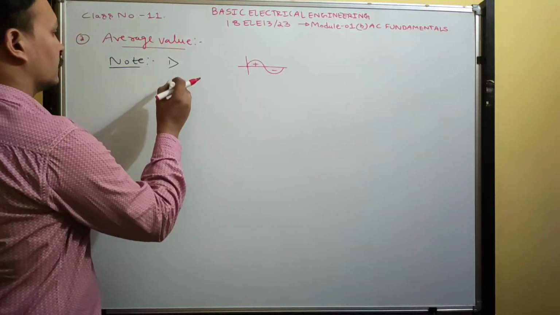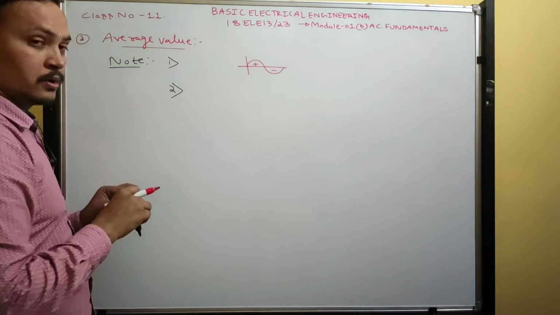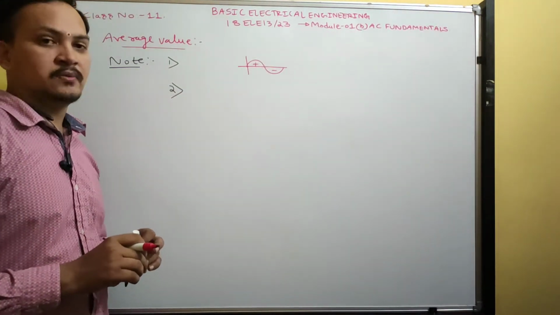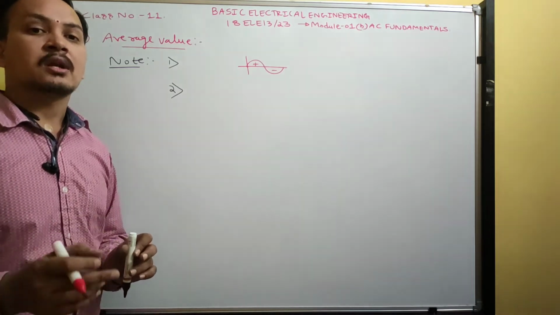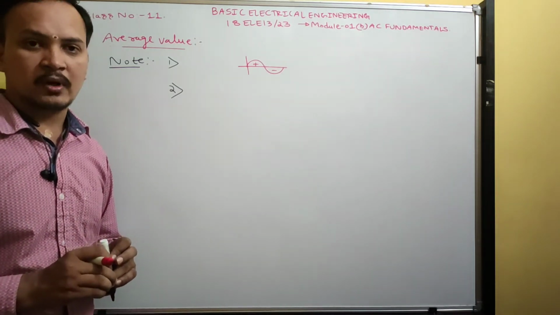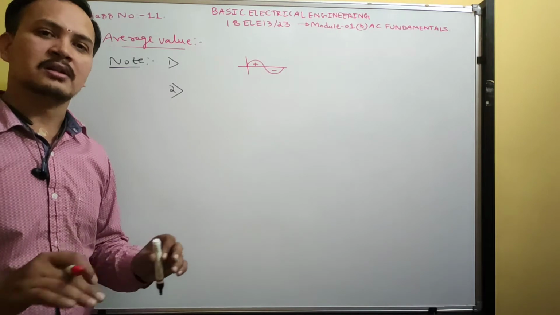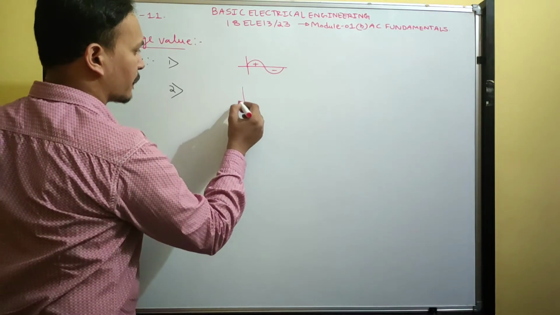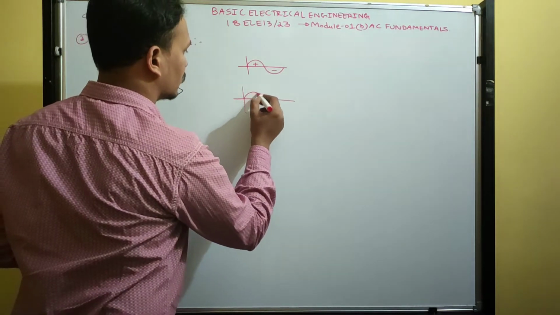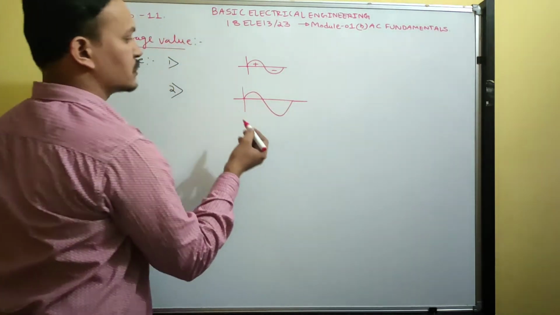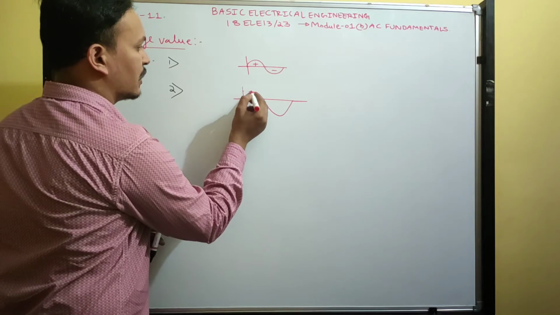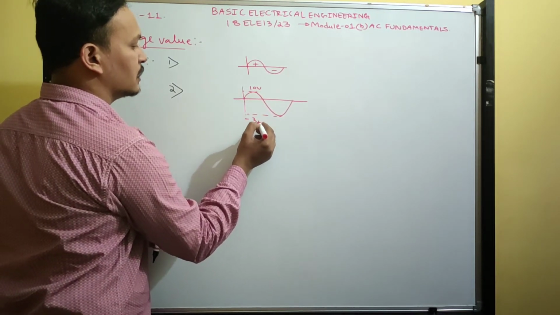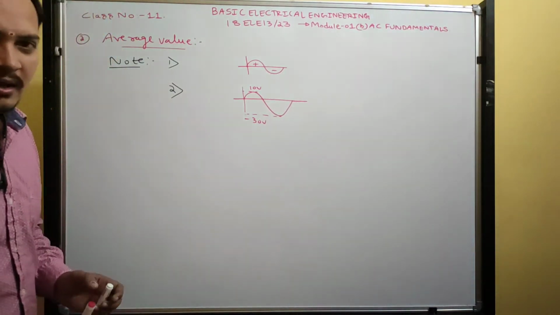Next, note number 2. To compute average value for unsymmetric waveform, we have to consider full cycle. Guys, now look at here. Suppose some waveform like this. It is having a magnitude of 10 volts and this is having a magnitude of minus 30 volt. It is unsymmetric.